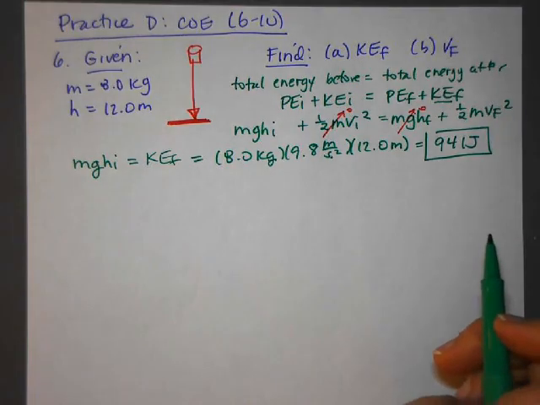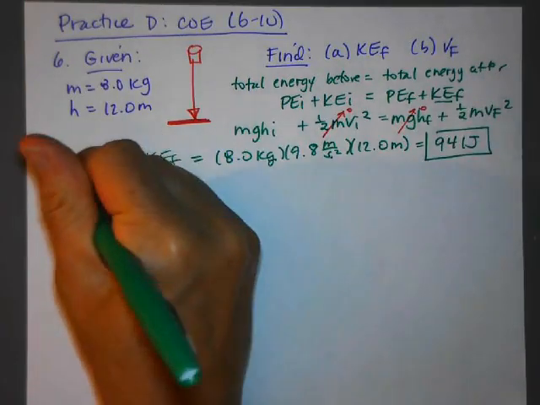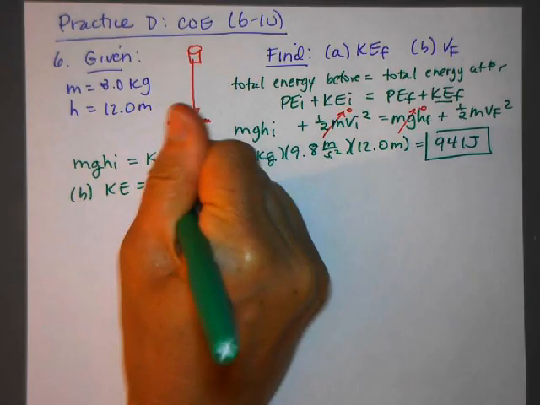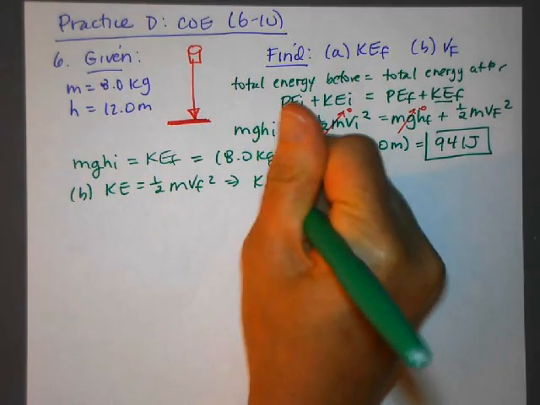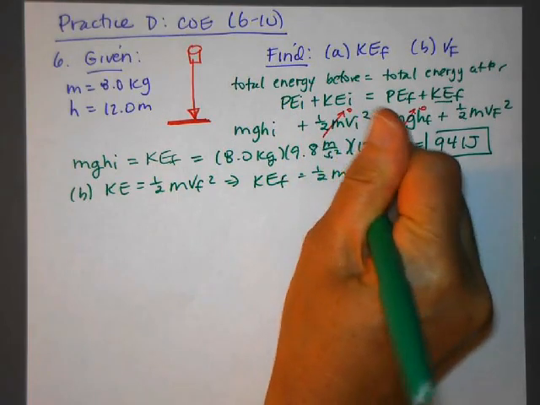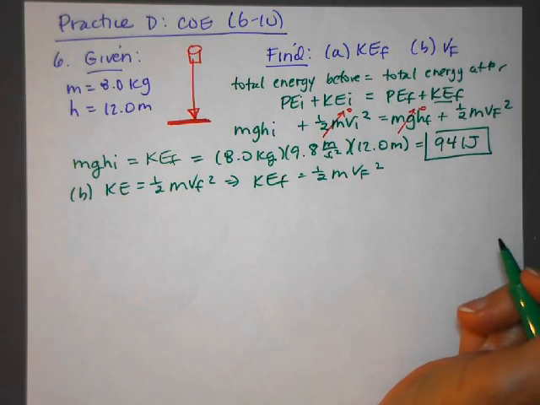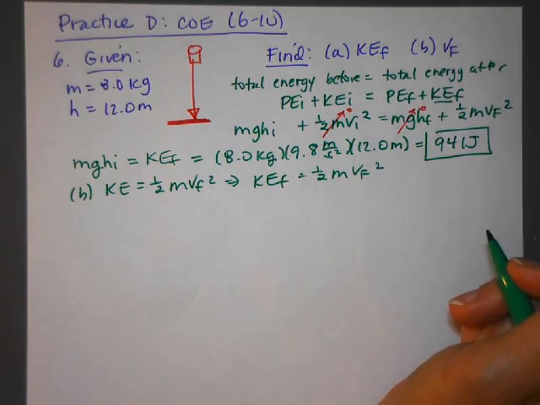All right, part B says what is the final velocity? Where I know that kinetic energy is 1/2 mv squared. So the final kinetic energy, which I just solved for, is 1/2 mvf squared. So I'm going to not plug numbers in. That's why I make a mistake. I'm going to rearrange the equation to solve for the unknown in terms of the known.